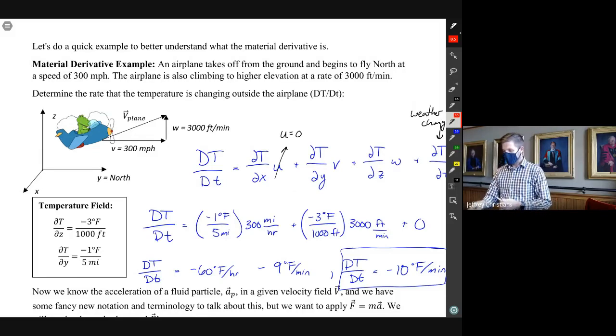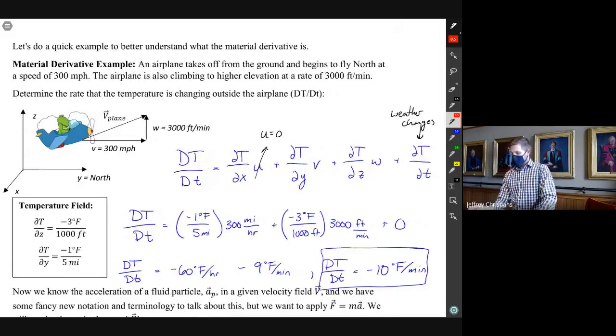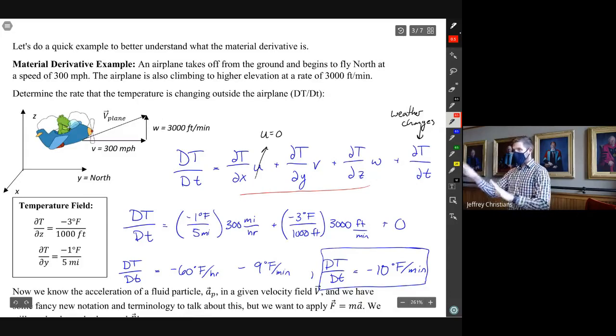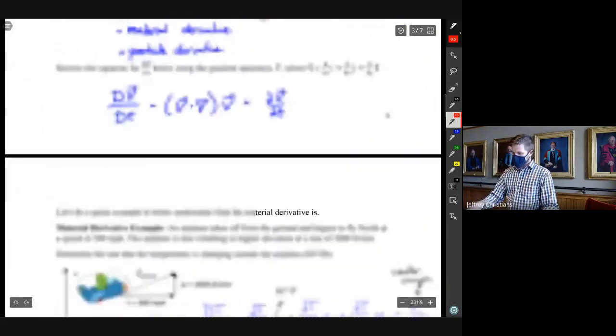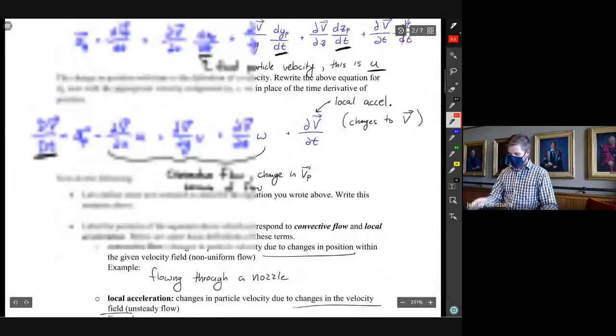Part of it is you moving around to different locations; this part is like weather changes. Any weather changes will change the temperature you're experiencing. So we have those two different components.